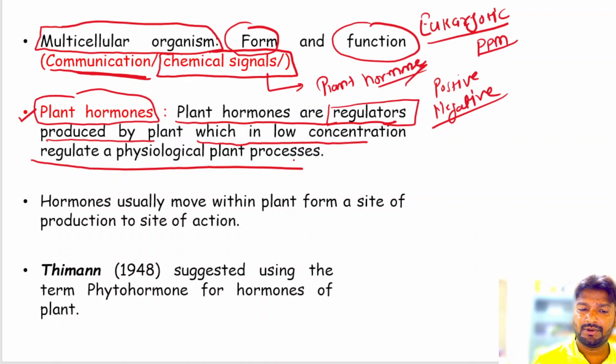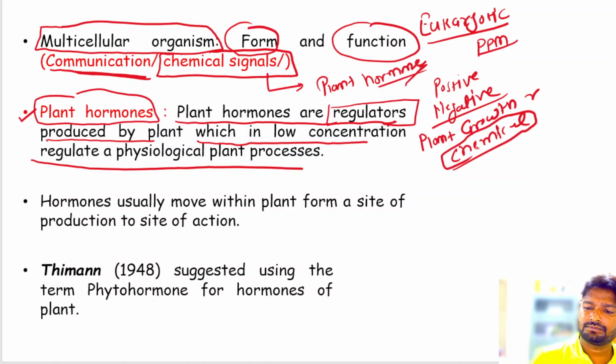So this is the definition of plant hormone. There are also plant growth regulators, which are chemical substances that regulate plant growth.